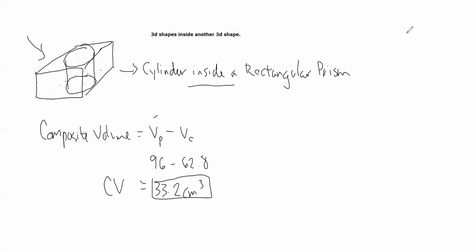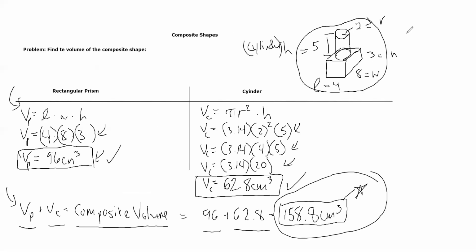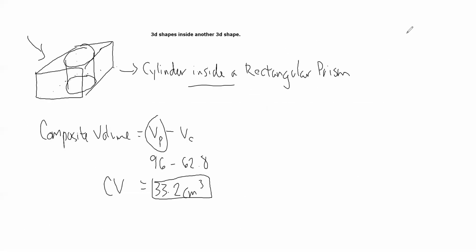The volume of my prism, as you guys have seen, is 96. The volume of that cylinder doesn't actually exist anymore. It's not there. I took it out. I drilled it out because I needed a hole in a block of wood for some reason. It's 62.8.